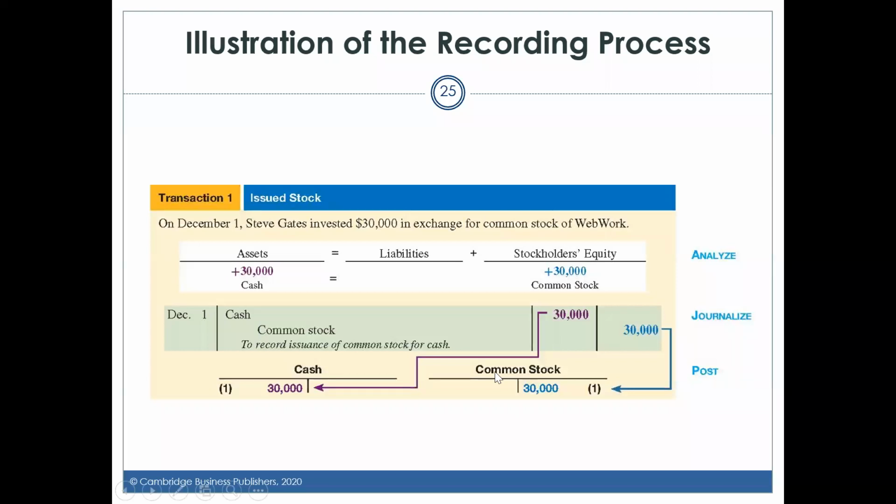So yeah, the initial transaction where Mike's Bikes received $30,000 from Mike. They changed the example. Steve Gates invested $30,000 in exchange for common stock of WebWork, whatever. Let's go back to the Mike's Bikes one. Let's stay with Mike's Bikes. It's the same number. It's going to be the same journal entry, but let's stay with the same example.